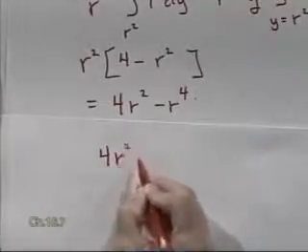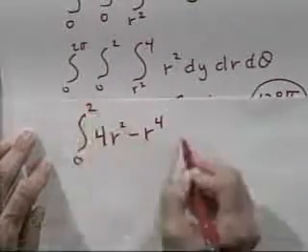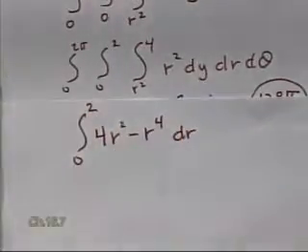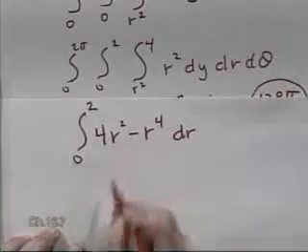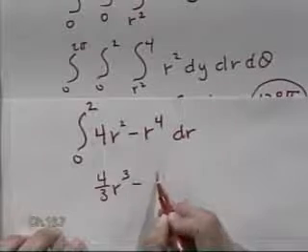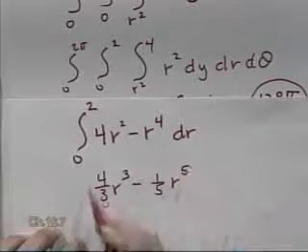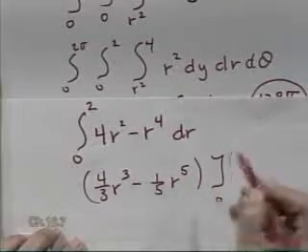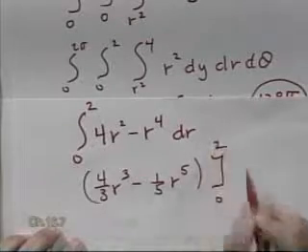Now I take my 4r squared minus r to the 4th, and my middle integral was just going from 0 to 2 dr. So, I mean, this is easy. I'm going to get 4/3 r cubed minus 1/5 r to the 5th, and we're going from 0 to 2.